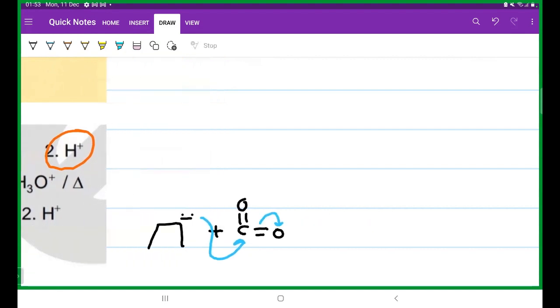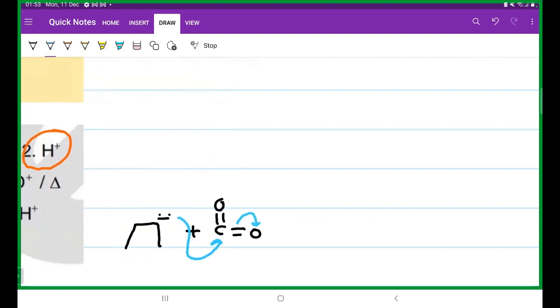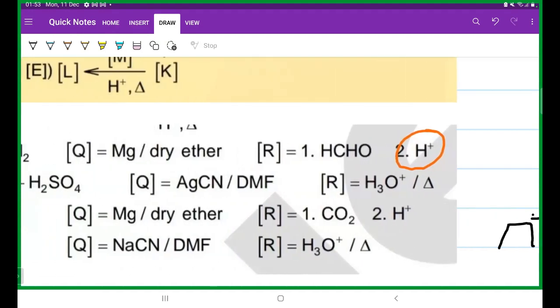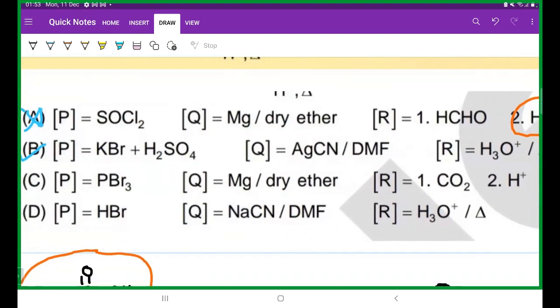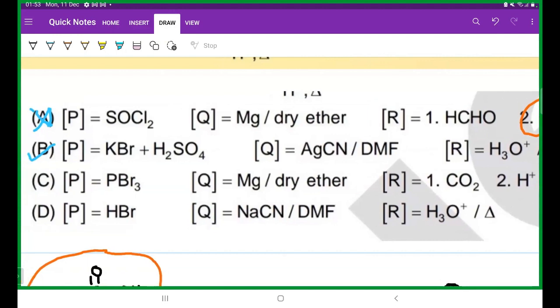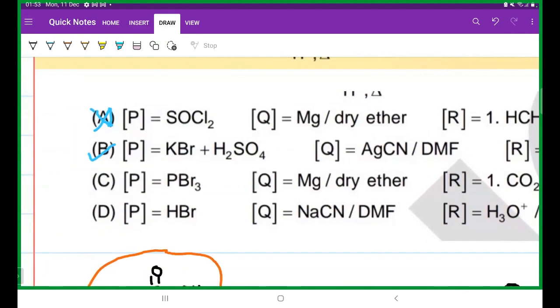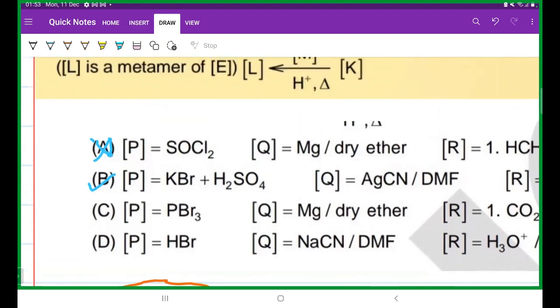And when you do this reaction in an acidic medium, an acid will form. So the product K will be the same for B and C, and after that it's the same reaction, right? So C is also the correct answer.